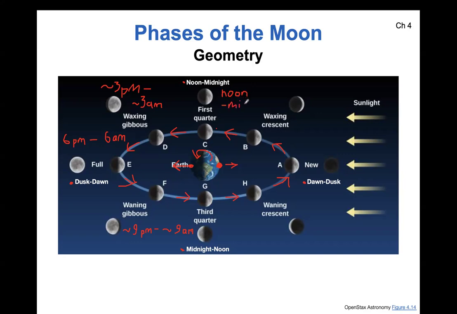Noon is confusingly 12 p.m. and midnight is 12 a.m., so you can just call them noon and midnight.